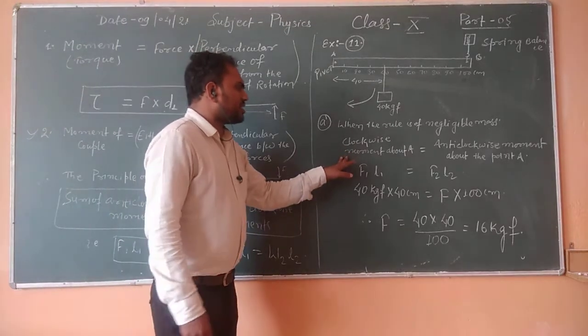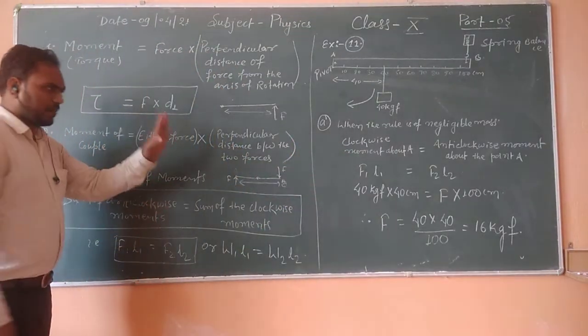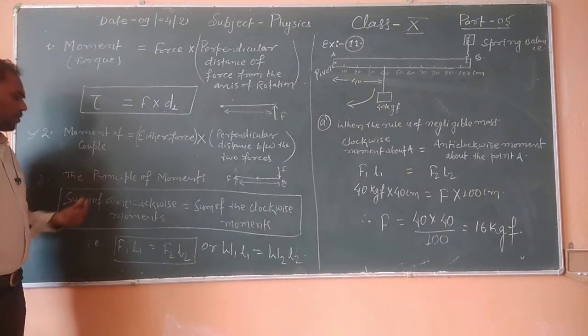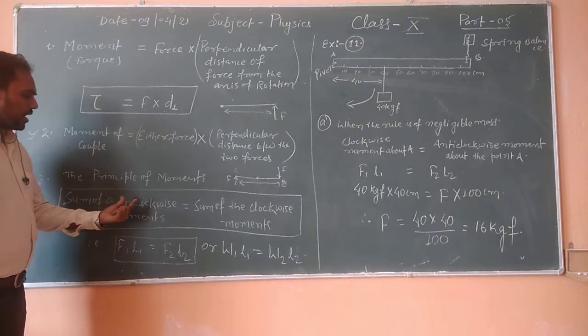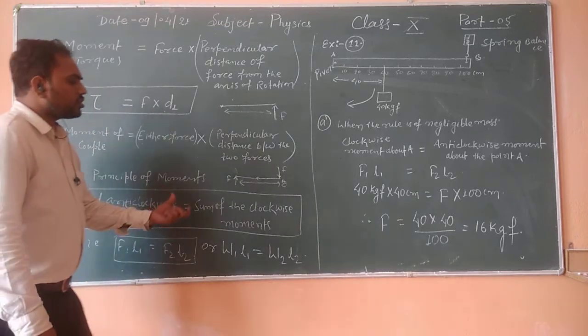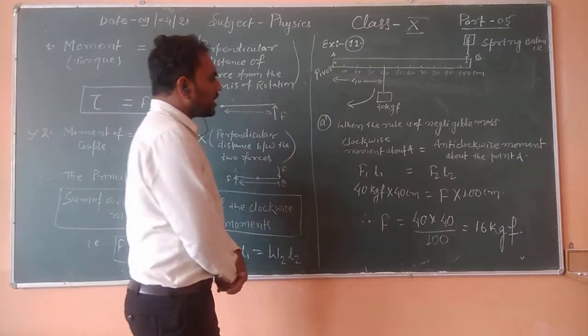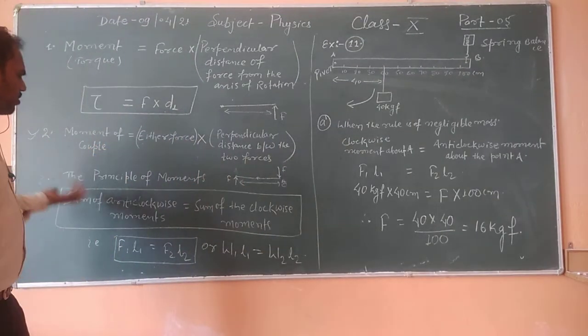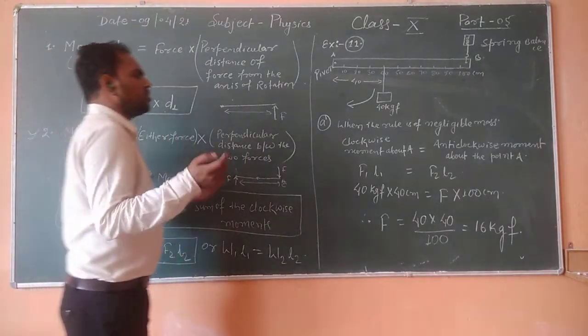We have already studied the principle of moment: sum of anti-clockwise moments is equal to sum of clockwise moments. We can also write it as sum of clockwise moments is equal to sum of anti-clockwise. It is not to worry.